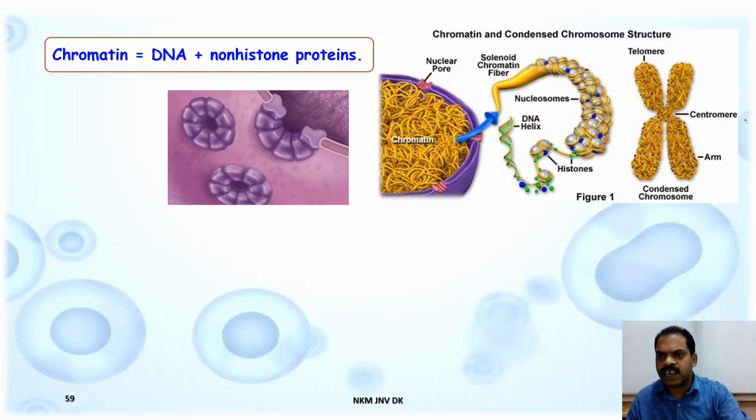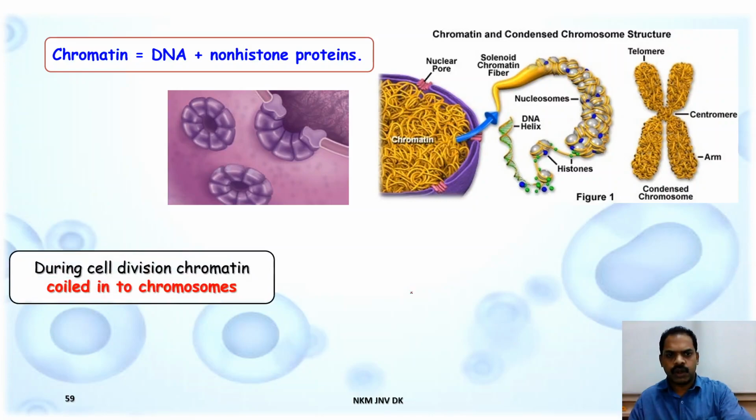This is the coiled and condensed form of chromatin, the chromosomes. Again, through the nuclear pore, RNA goes out from the nucleoplasm to the cytoplasm. During cell division, the chromatin will coil and condense and form the chromosomes. Compact chromosomes form during cell division by coiling and condensation of the chromatin reticulum.